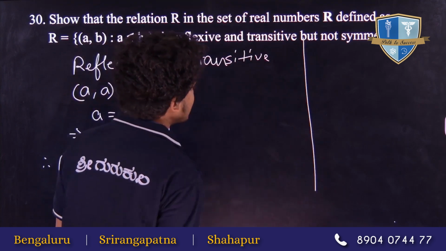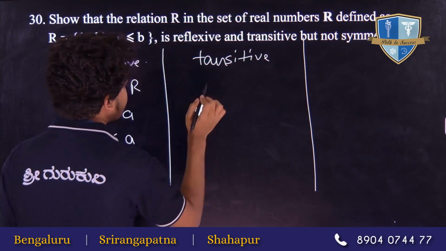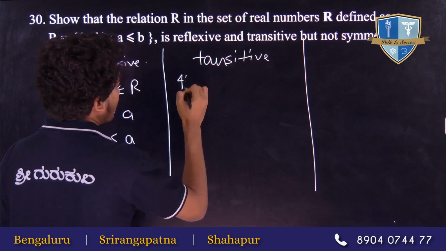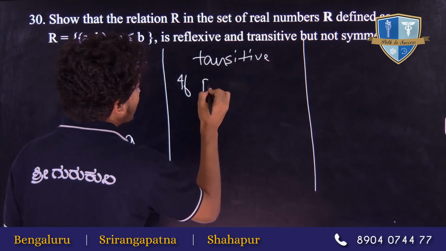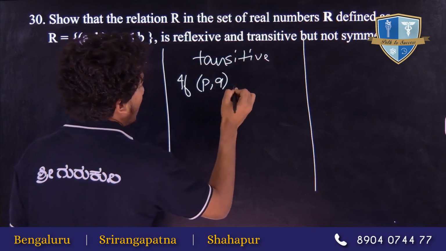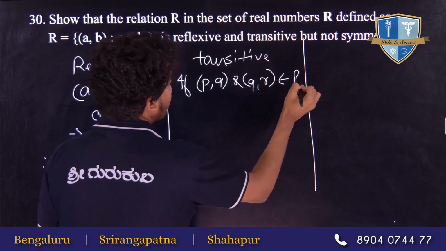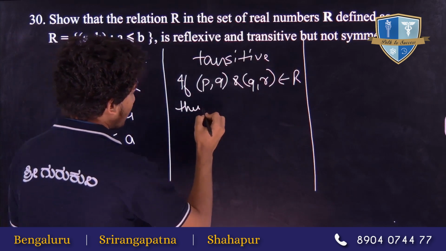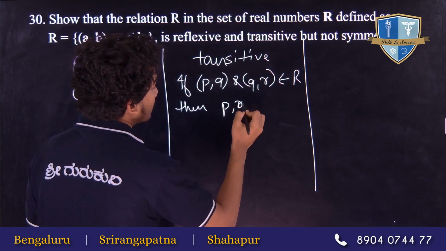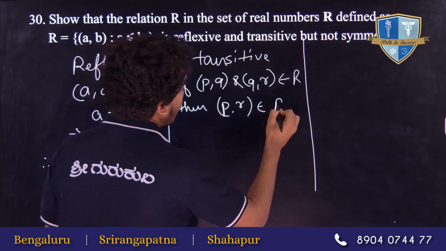Now let's check if our relation is transitive or not. A relation is transitive when, if (a, b), or let's take (p, q) and (q, r) belong to the relation, then (p, r) will also belong to our relation.